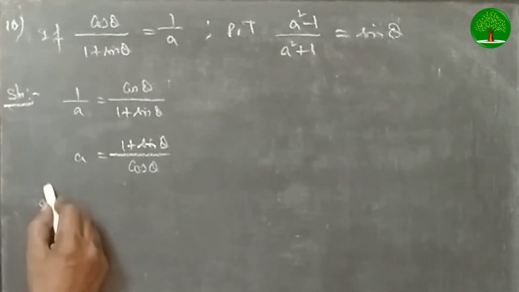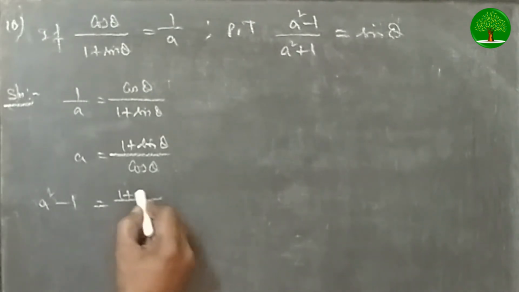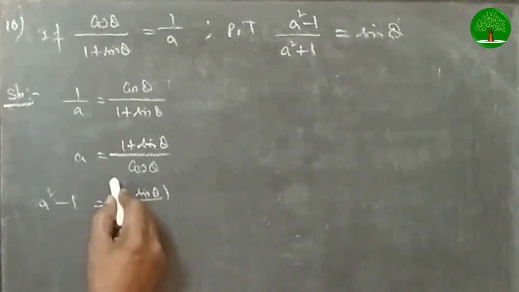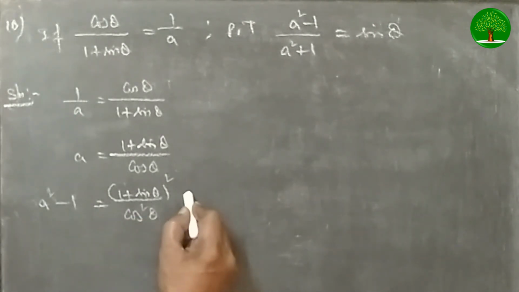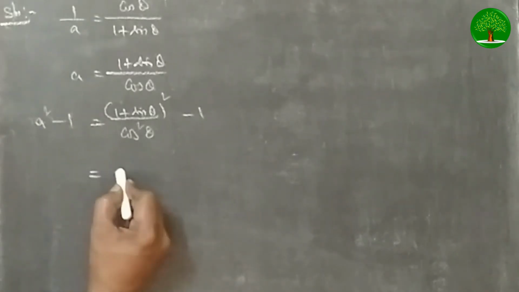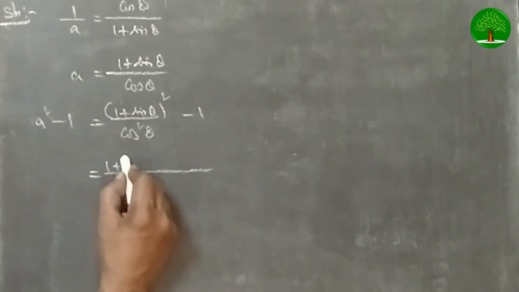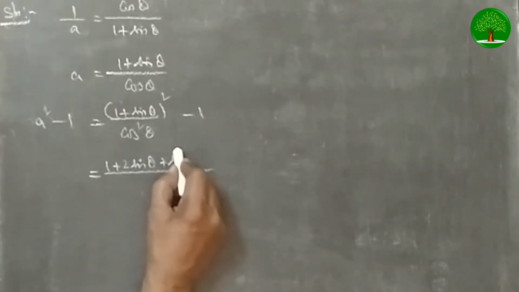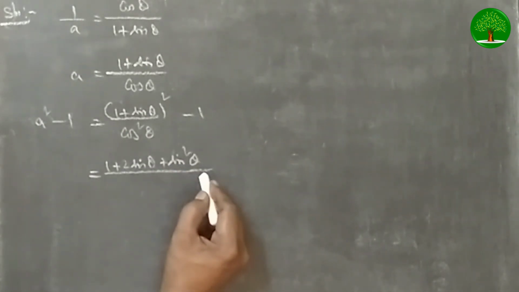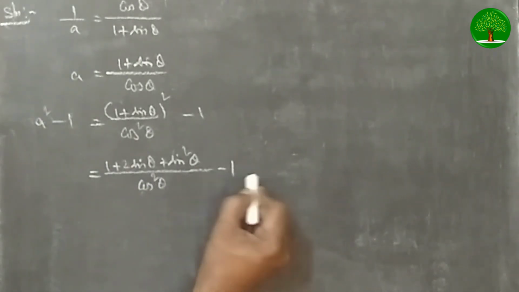Now a square minus 1 is equal to (1 plus sin theta) whole square by cos square theta minus 1. This is equal to 1 plus 2 sin theta plus sin square theta by cos square theta minus 1.